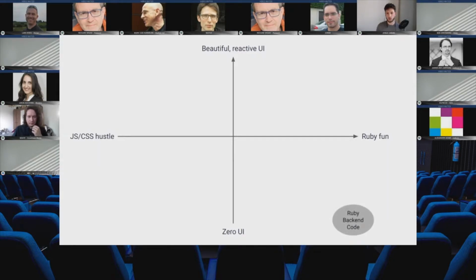Implementing Ruby backend code is definitely a fun thing to do, but you don't get any UI out of it. Implementing Rails views like ERB or HAML, probably added with some JavaScript sprinkles, might give you a good-looking but often very static UI, with many full page reloads required. Additionally, you're definitely leaving your Ruby comfort zone here, jumping between Rails view files, CSS, and often widely distributed JavaScript snippets. Not too happy with that.